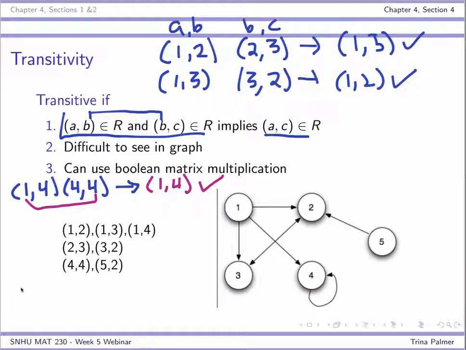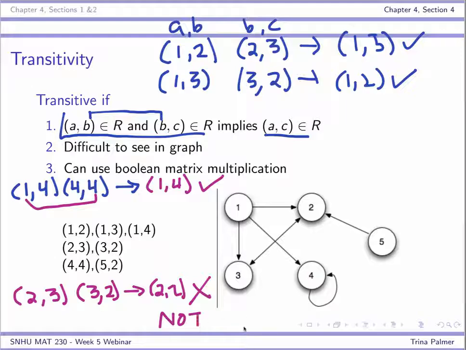Let's try 2, 3. So I'm just trying to go in order. If I have 2, 3, and I have 3, 2, that would imply that 2, 2 is in my set, and 2, 2 is not. So it is not transitive.